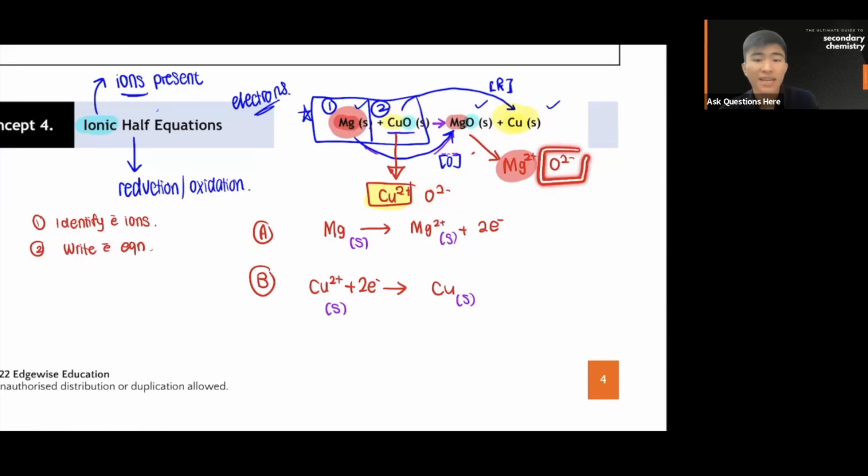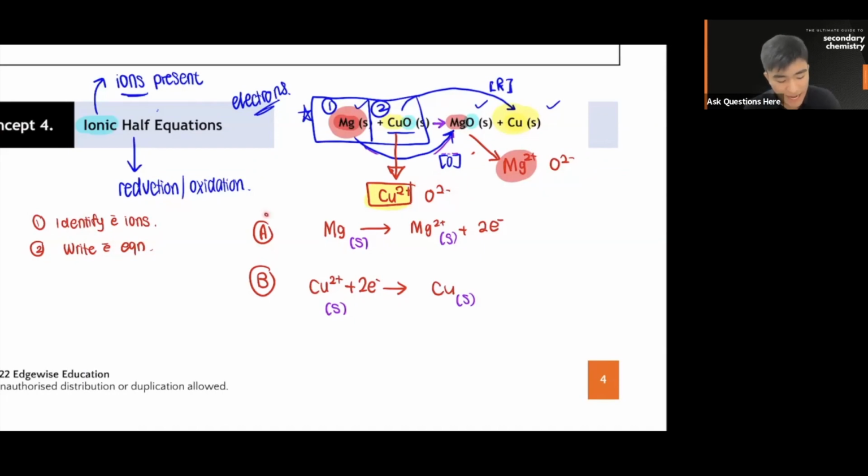This means that it has not changed from the start to the end of the equation. No chemical change. Therefore, oxygen is left outside of the equation. This is what we call a spectator ion. So I say again, oxygen remains unchanged from left to right. It's called a spectator ion.